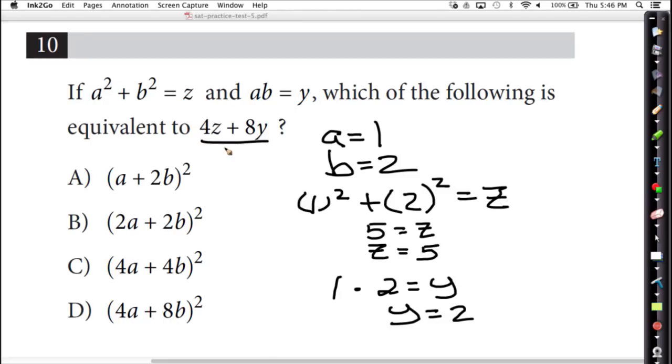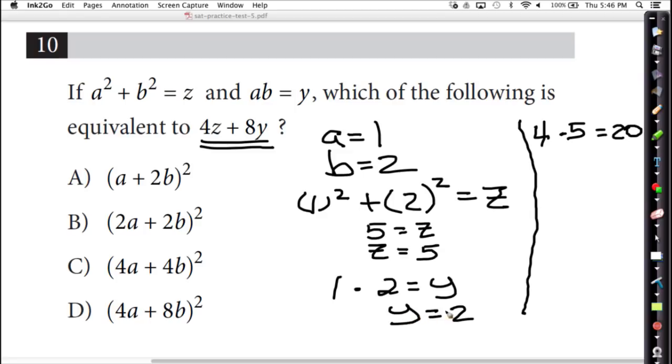So now what do we do? Now we go on to this next part of the equation. 4Z plus 8Y. And I'll do the work over here, I guess. Let me just make some space. 4Z plus 8Y. So that's going to be 4 times Z, which is 5, which is 20. And then 8Y.